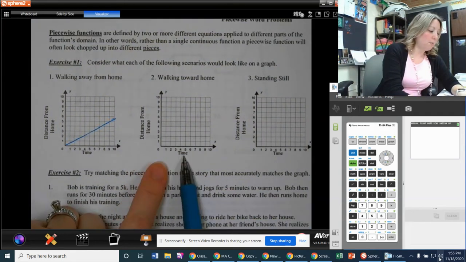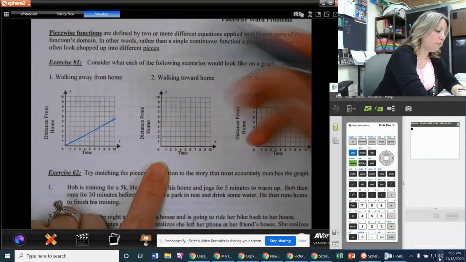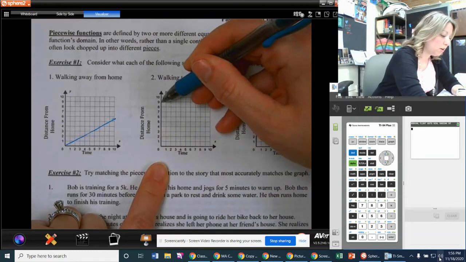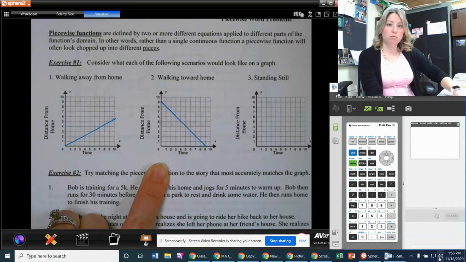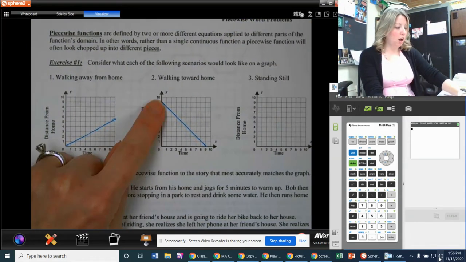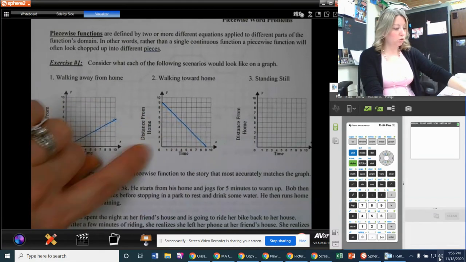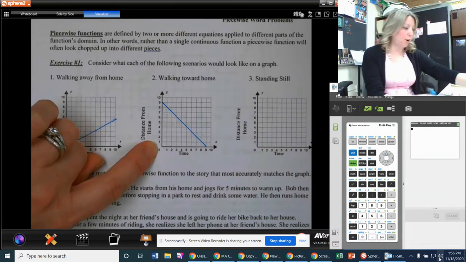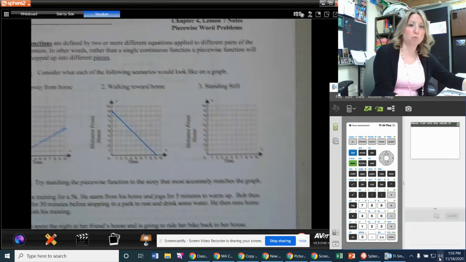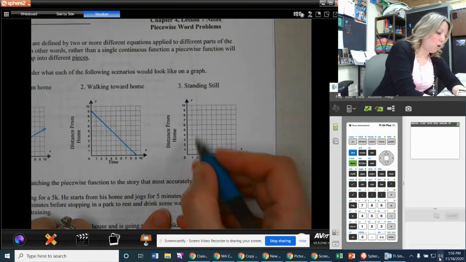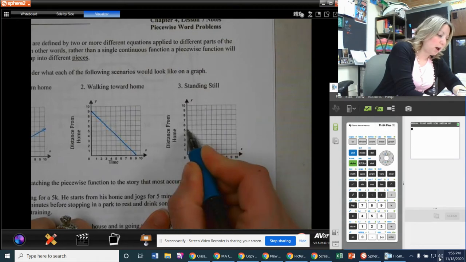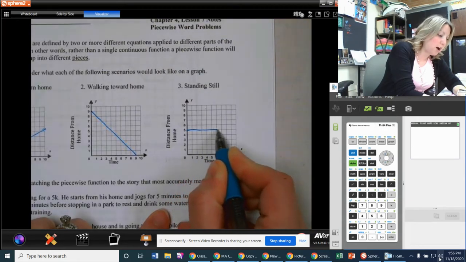If we're talking about walking toward home, so I've been away from home and I'm going towards it, that would look like a negative slope. Time is passing, but I'm getting closer and closer to home, home being 0, because that's my distance from home. Standing still: let's say I'm away from home already, but I'm not moving towards it and I'm not moving away from it.